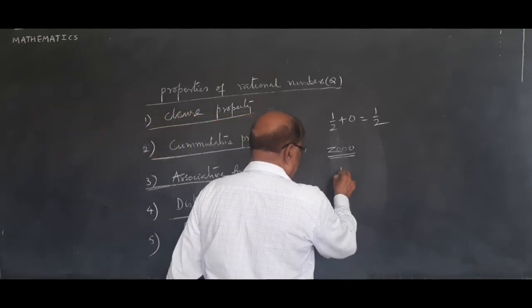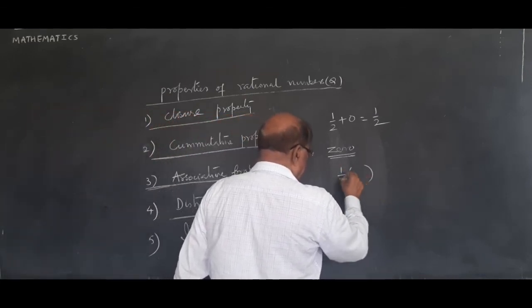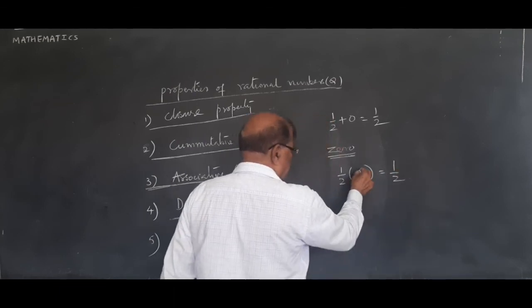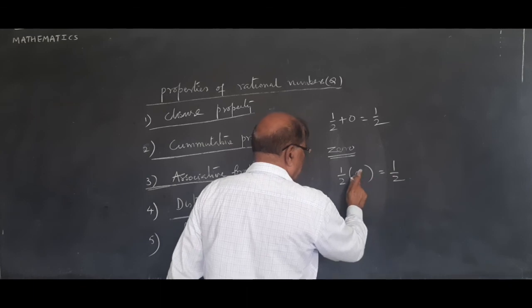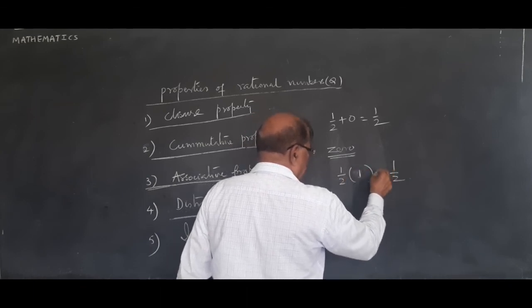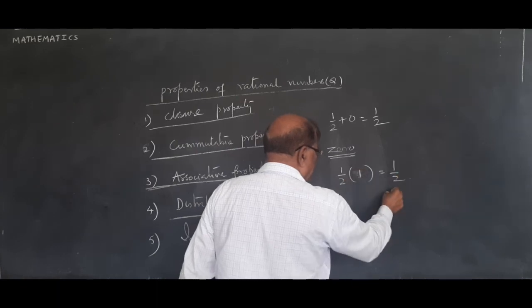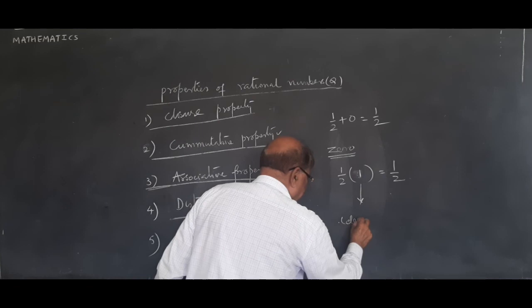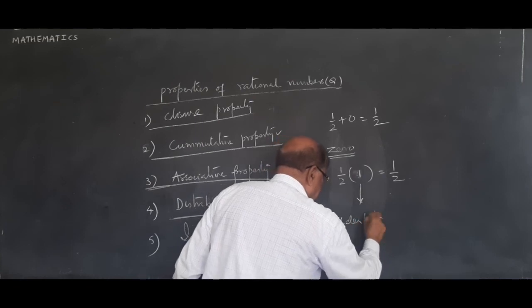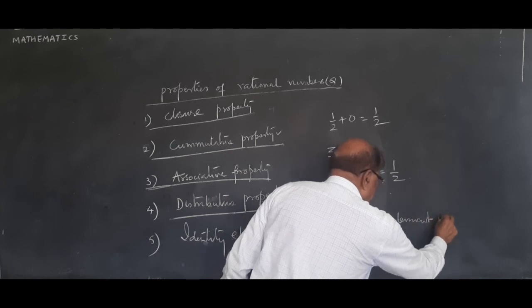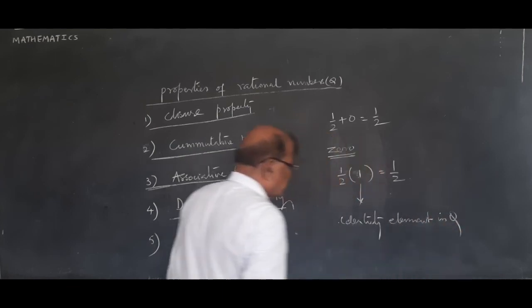What should be multiplied with 1 by 2 to get the same 1 by 2? If you put 0, this becomes 0. If you put 1 by 2 into 1, it is equal to 1 by 2 only. So 1 is an identity element in Q, the set of rational numbers.